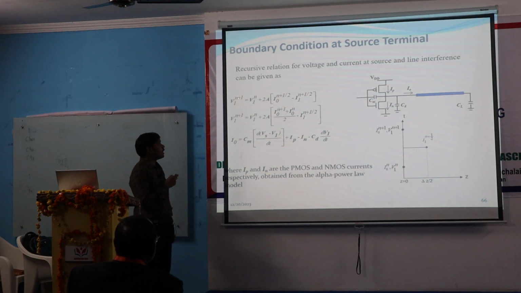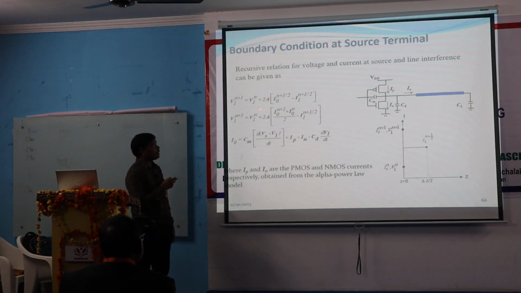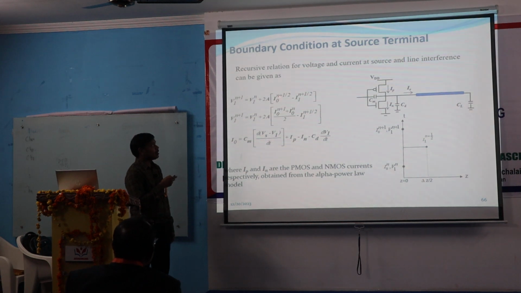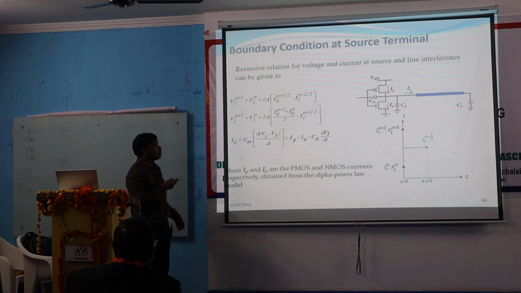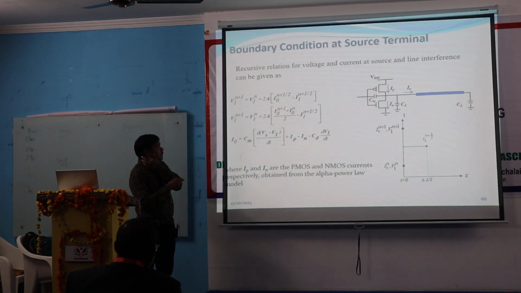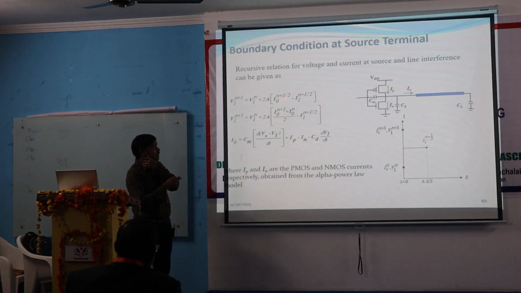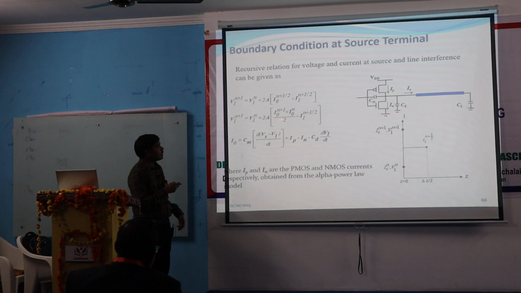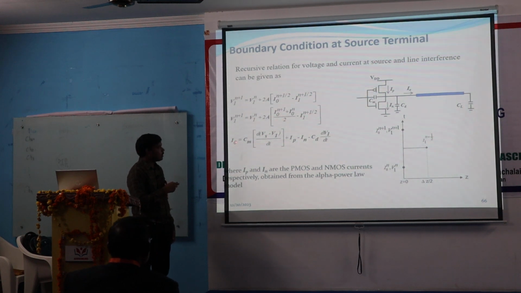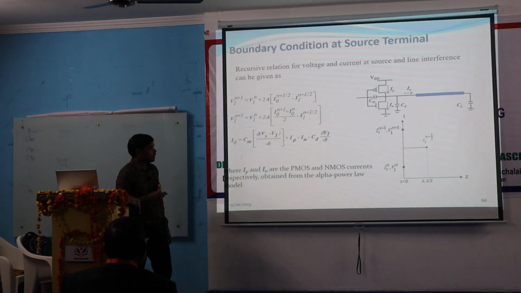You simply substitute k equal to 1 in the previous equation, and you will get this expression. After rewriting, I(n plus 1) plus I(n) divided by 2, that is I(n plus 1/2). Then you rearrange the equation and you will get the current I0.